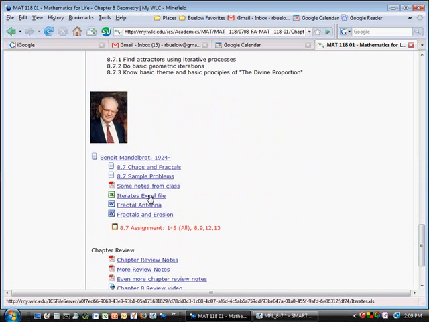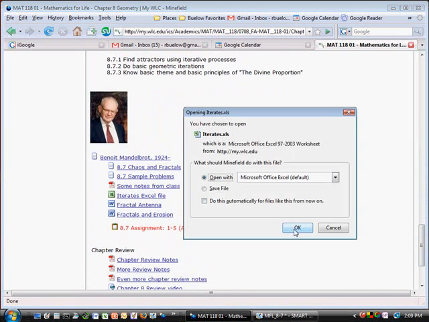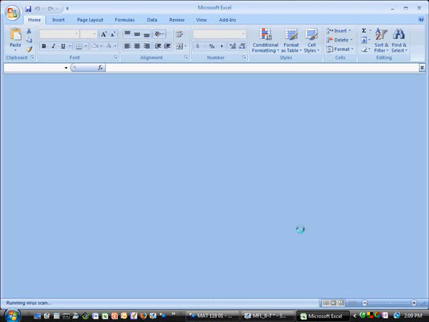It says Iterates Excel file. If you click on that, it'll open this file in Excel. And I've got some nice things in here that will save you a lot of time.